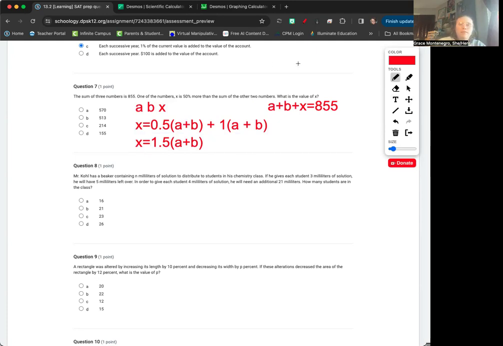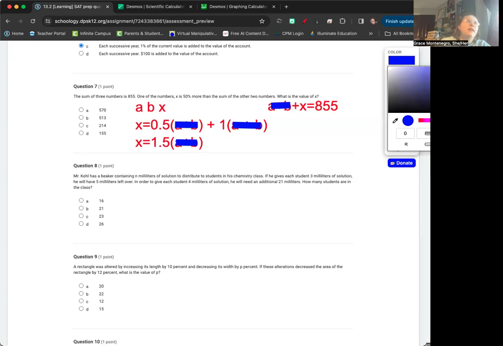There's this thing called U substitution, and of course, last minute SAT prep may not be the best time to introduce a new concept. But I think it really helps with this problem. I've already kind of been alluding to it by calling A plus B a box. You notice we're doing a lot with A plus B, and nothing with just A or just B. So U substitution is called that because we're going to say, actually, this is a different thing.